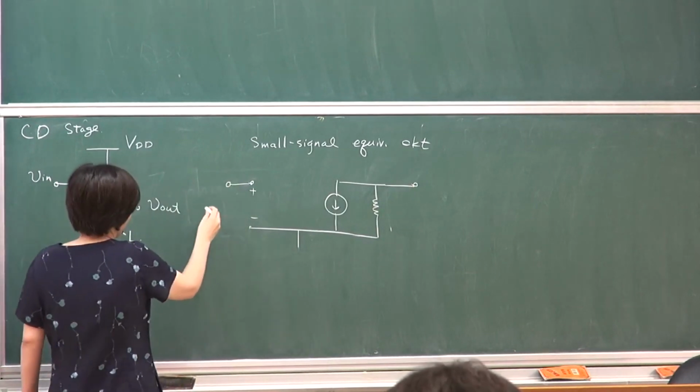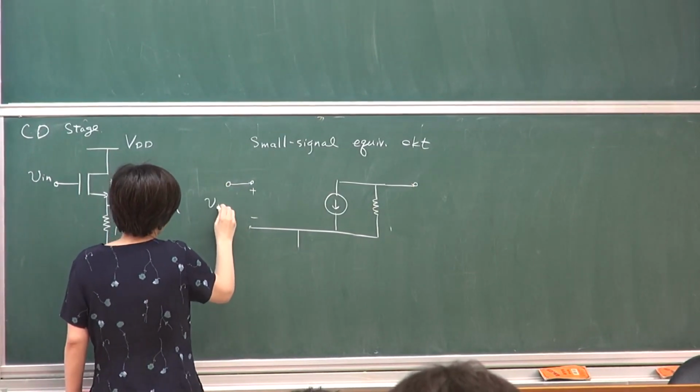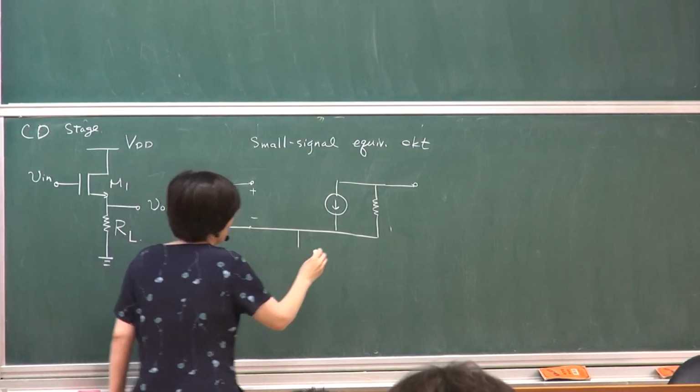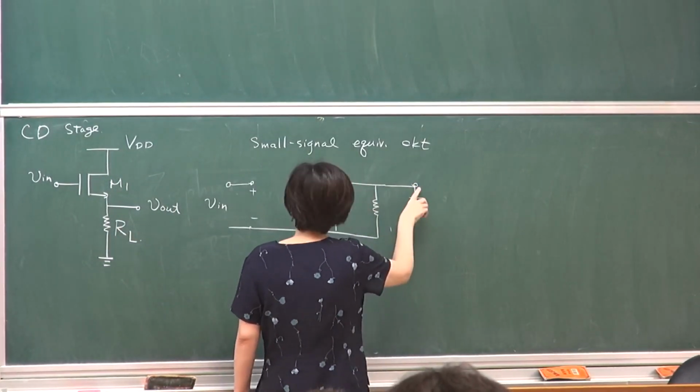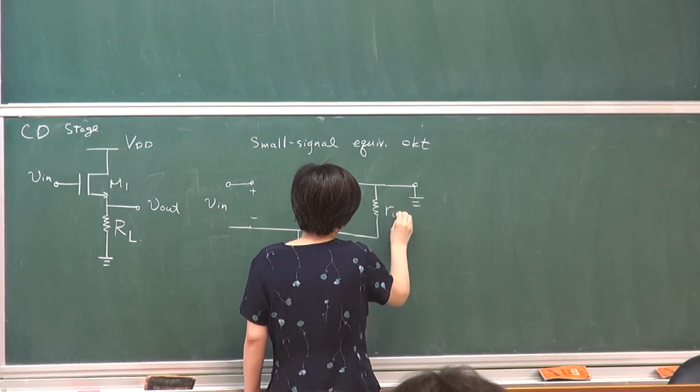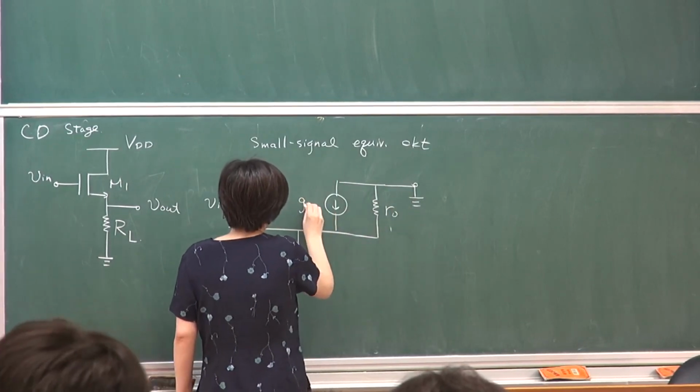So we start with the gate. This is where the input is, Vin. And this is the drain where we ground it, AC ground. RO, gm VGS.